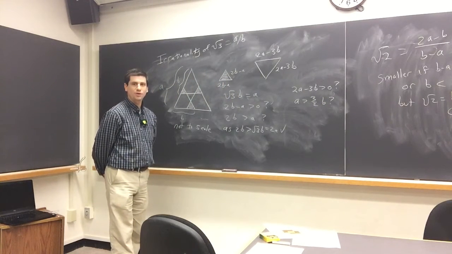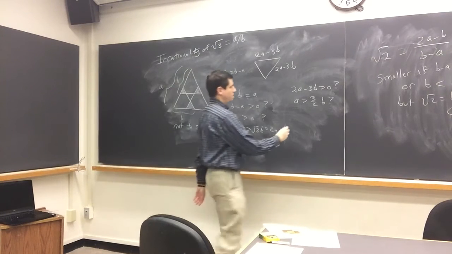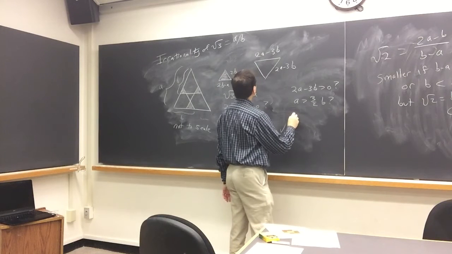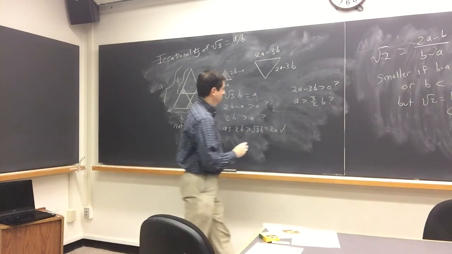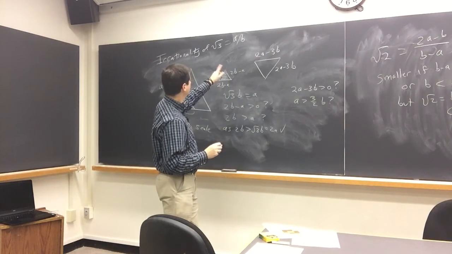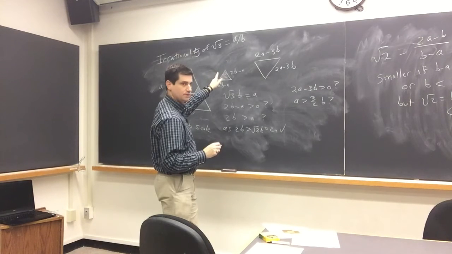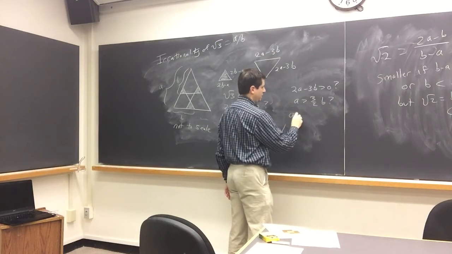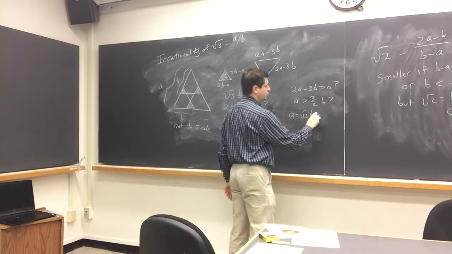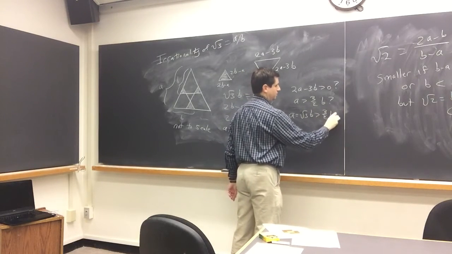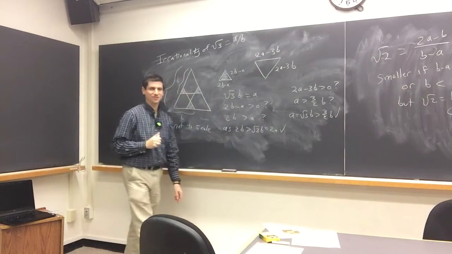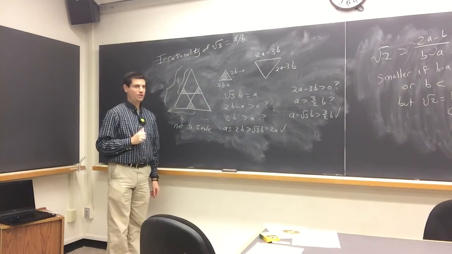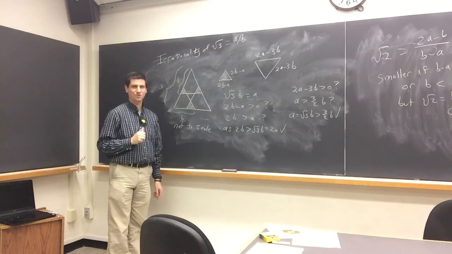And if you square 1.5, what is it, 2.25? So we know a equals the square root of 3b, right? So a equals root 3b, which is greater than 3/2 b. It works. We can prove the square root of 3 is irrational, geometrically.